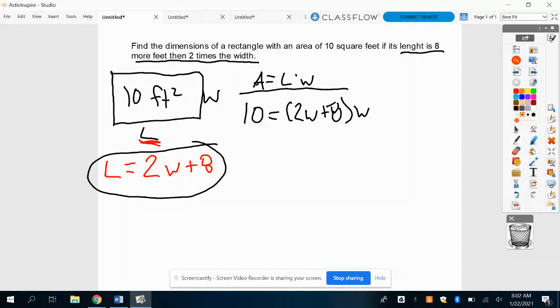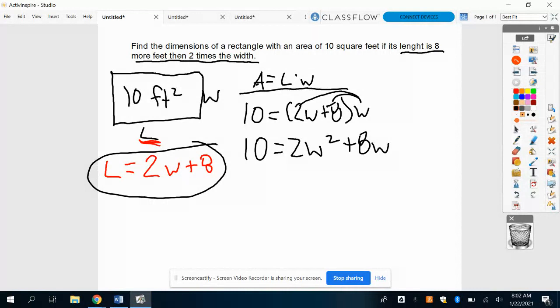Then I want to distribute my W inside the parentheses, so I get 10 equals 2W squared plus 8W. If you notice, we're starting to get a quadratic. At this point, we have 2W squared plus 8W equals 10, and we want to solve this quadratic. But we've got to set it equal to 0.